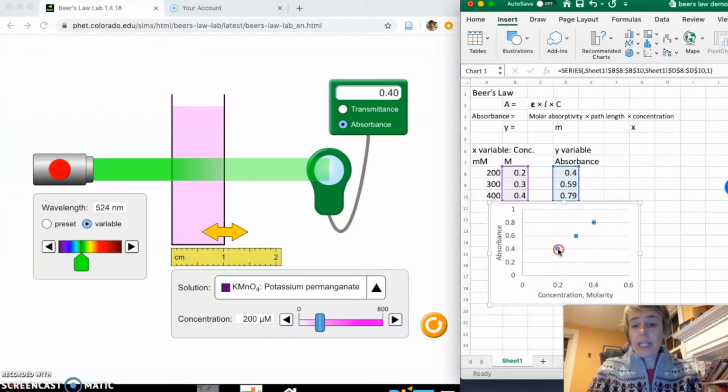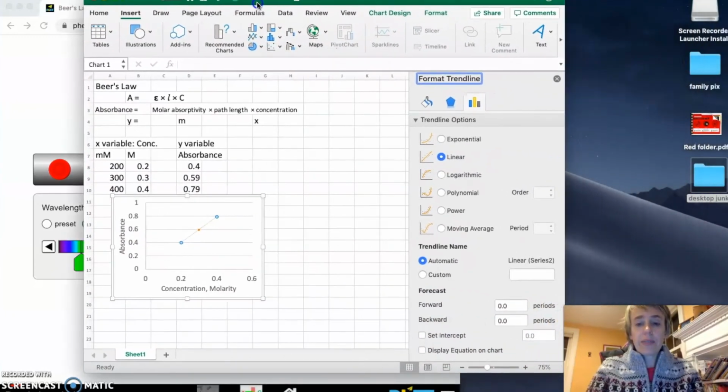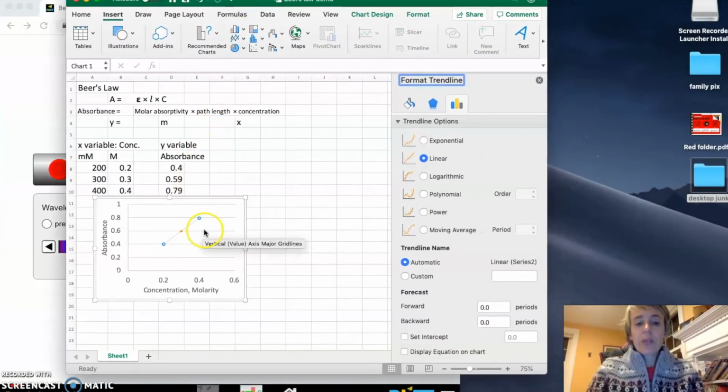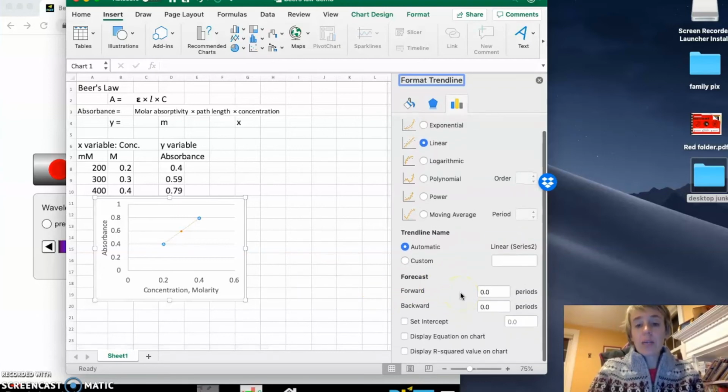Now I can put in a trend line, and that'll help me know my actual molar absorptivity. Slide this over here. A few important things on this trend line. This trend line is going to look great because the simulation is kind of perfect data. Yours might not look quite so good. But a couple important things on here.